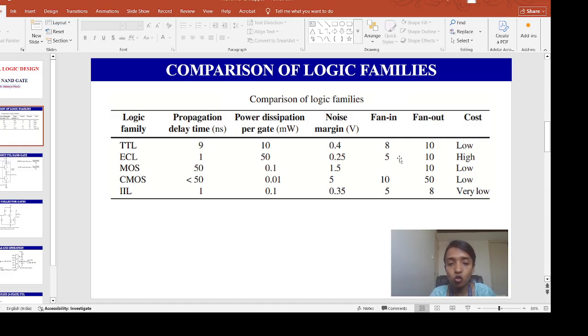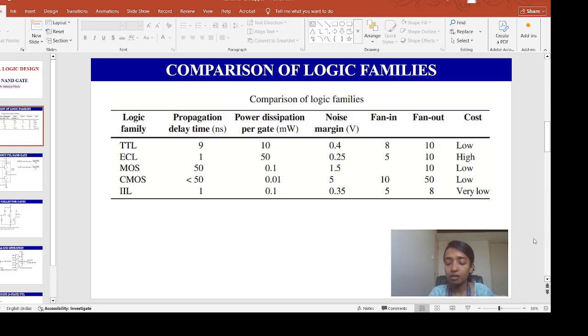While if your fan out is high, it will allow a single gate output to drive multiple inputs, reduce the need for extra buffering, and simplify the overall circuit. And obviously the cost should be low, right?